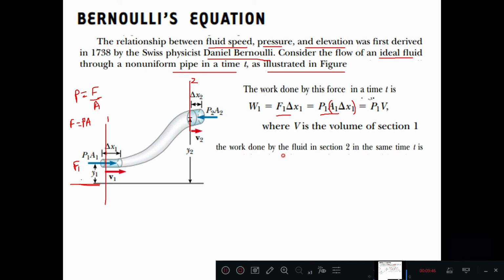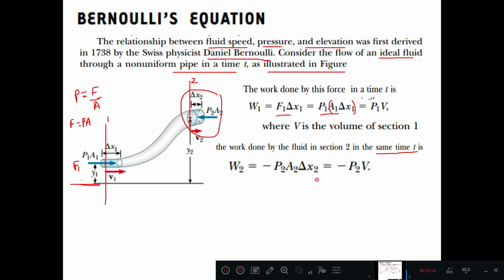Similarly, the work done by the fluid in section 2 in the same time t is given as W2 equals minus P2 A2 into delta x2, which is equal to minus P2 into V, again where V is the volume of the section.